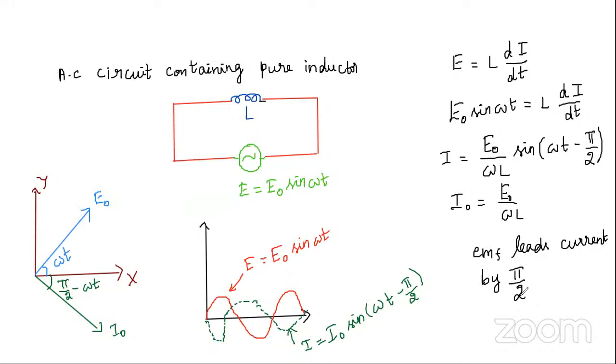And of course, we have a few more formulas as well. That is the inductive reactance, represented by the symbol XL. I will be writing this on this page. Inductive reactance is represented by the symbol X suffix L. So what is the meaning of this inductive reactance?